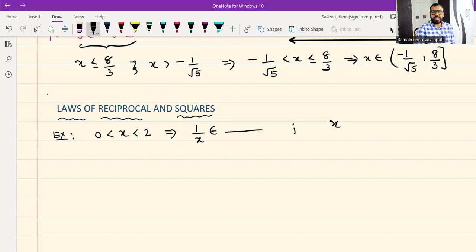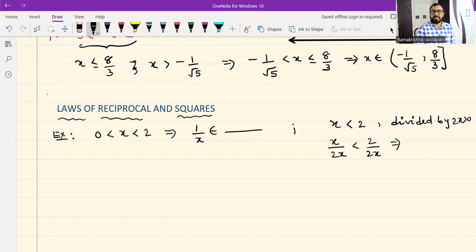So you have that x less than 2. Okay, divide by 2x. This is a positive quantity because x is positive and 2 is also positive. So divide by 2x both sides, the inequality remains the same. So x by 2x less than 2 by 2x.